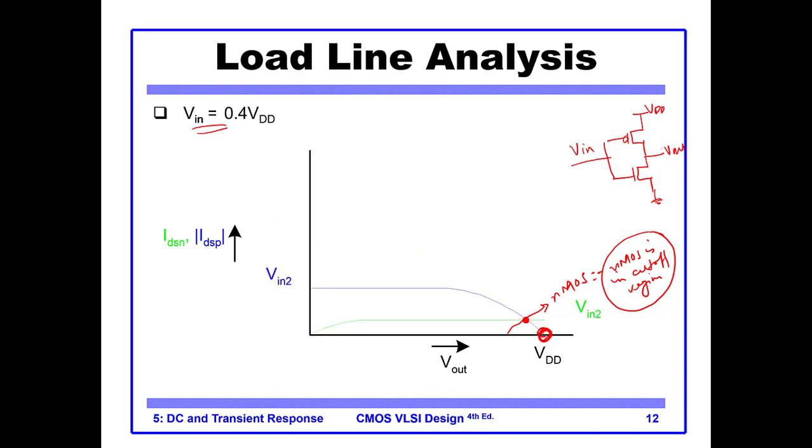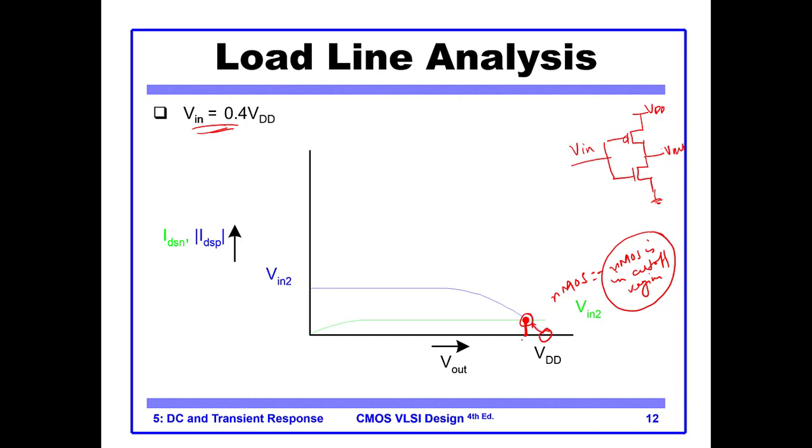Okay, now let's see what happens when the voltage at the input increases to 40% of VDD. You see that the NMOS curve has now risen up, and these 2 currents intersect at this point. Wherever they intersect, the output voltage will be equal to that, because this is the solution.